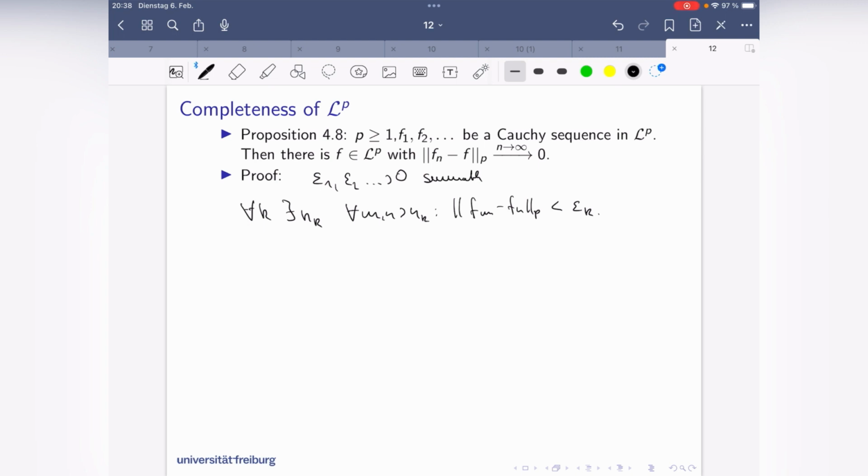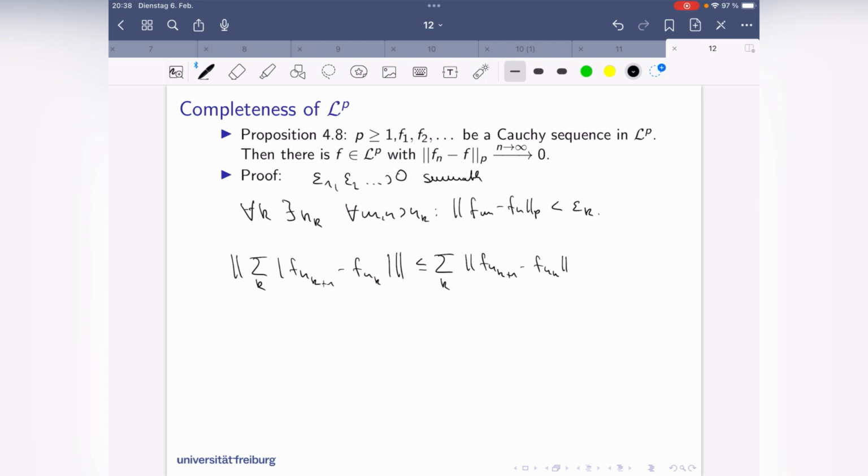In particular, I can sum something: fnk plus 1 minus fnk. I can sum this over all k, and I can take the norm here. So that's the norm of a sum. By the Minkowski inequality and some monotone convergence, this is smaller or equal than the sum of the norms of fnk plus 1 minus fnk, over all k.